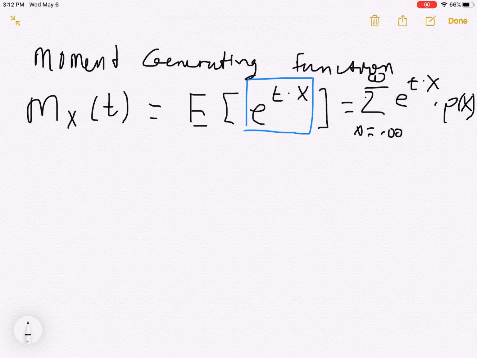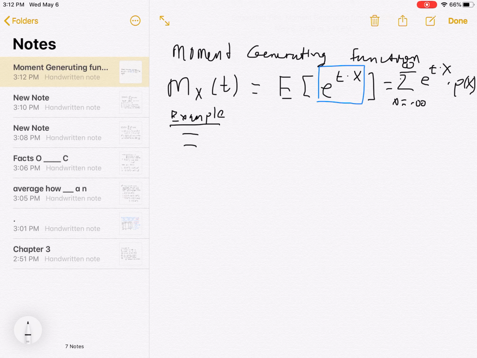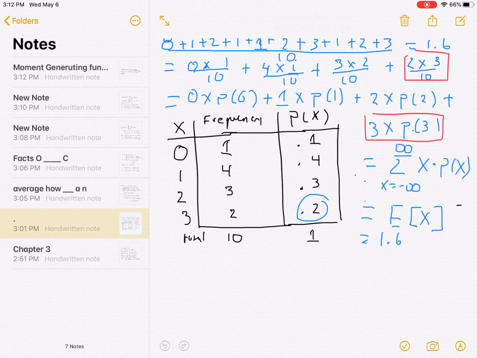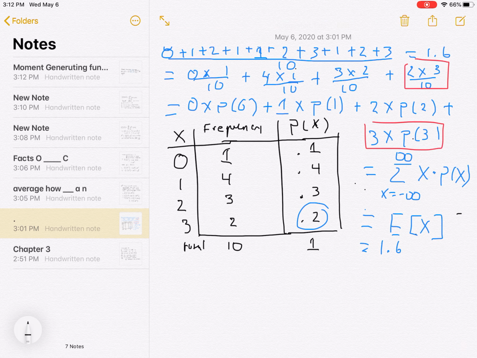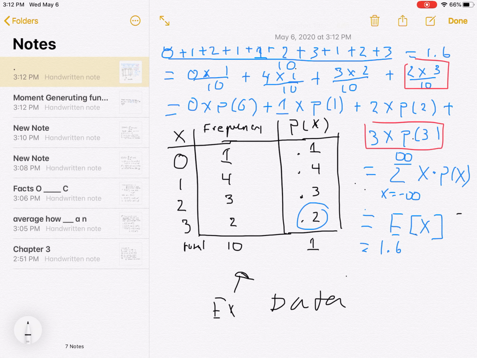Now, if we go back to our example data, this data set right here, that's the example data that we've been using this whole time. Let's calculate the moment generating function.